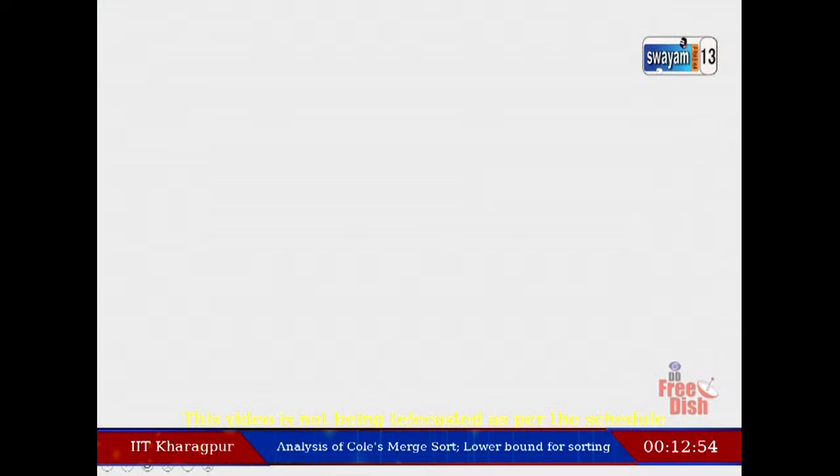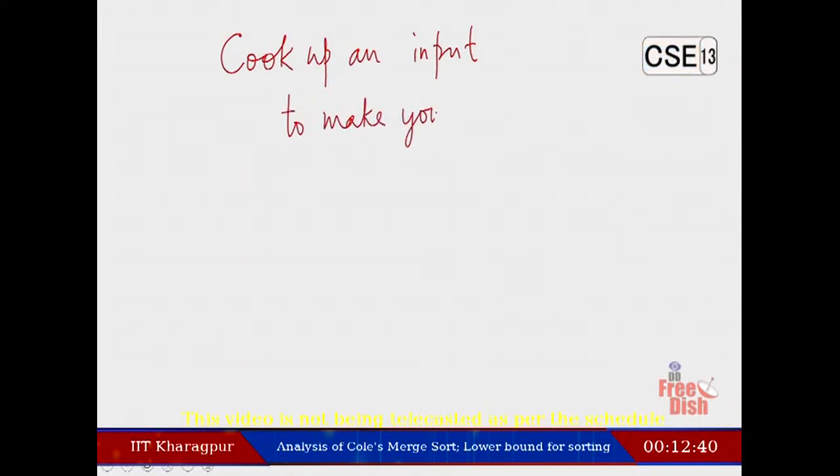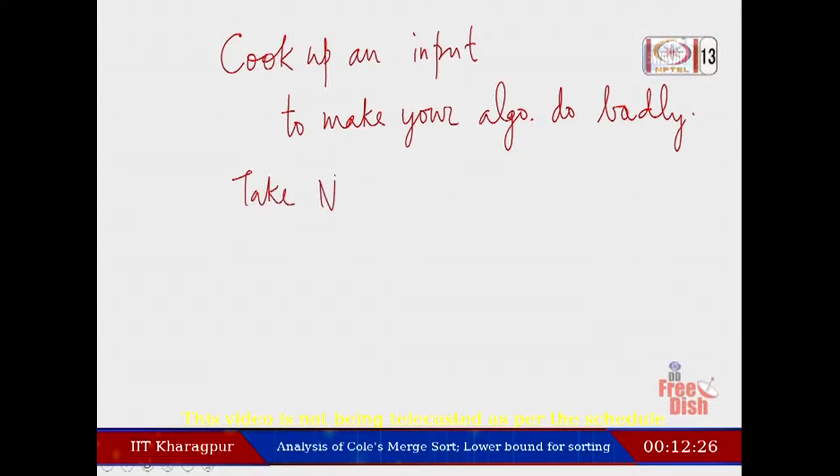After this, let me cook up an input to make your algorithm perform badly. What we do is this: take n elements from a linearly ordered set.